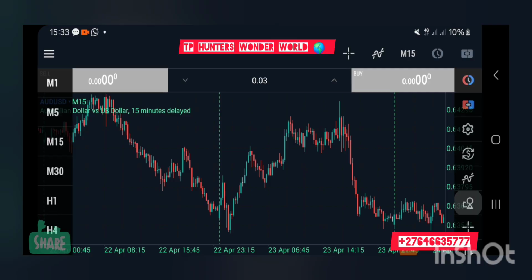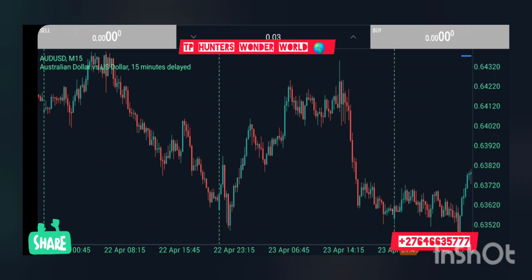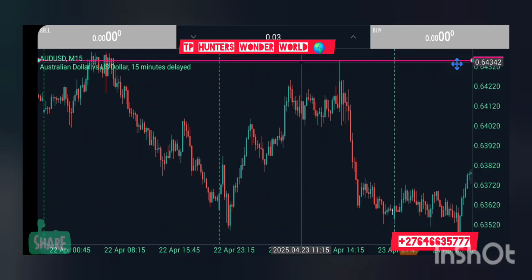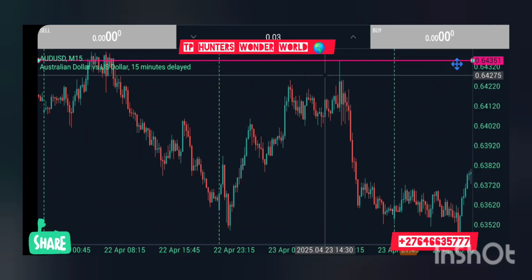Where's the horizontal? I said the buy side liquidity refers to the zone just above recent highs. Here's our recent high. If you can check above, we have a pink horizontal. Here's the pink horizontal. We have the recent highs.